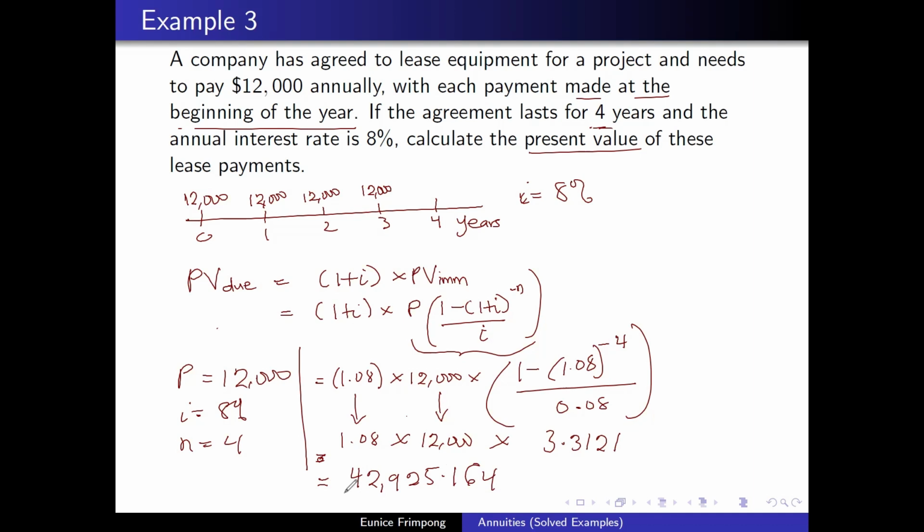So this is the present value. The present value of paying $12,000 every year at the beginning of the year for 4 years at an interest rate of 8% is 42,925.164.